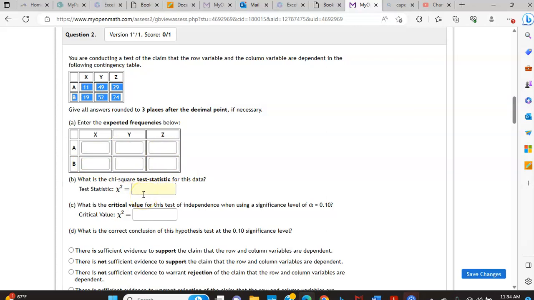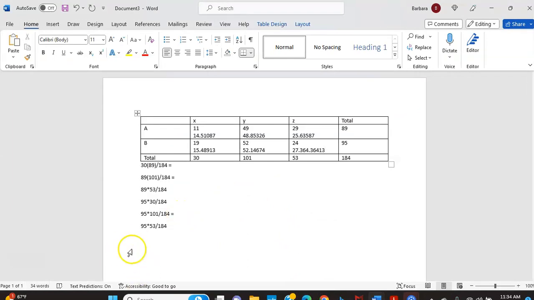Now, let's talk about getting the chi-square test statistic. And then we'll move on to the critical value. So the chi-squared test statistic, let's go back to where I made all these calculations. I'm just going to put test statistic rather than put chi-squared.